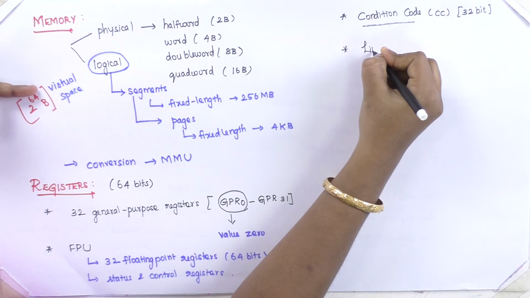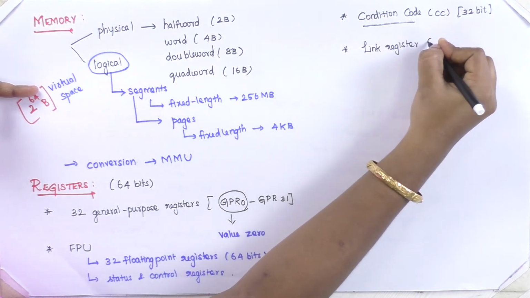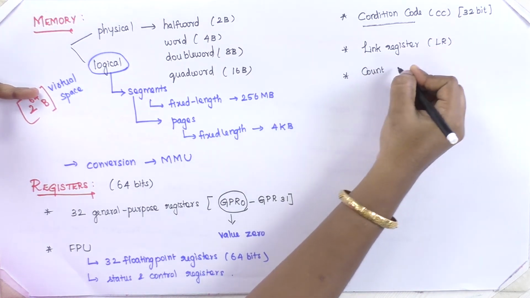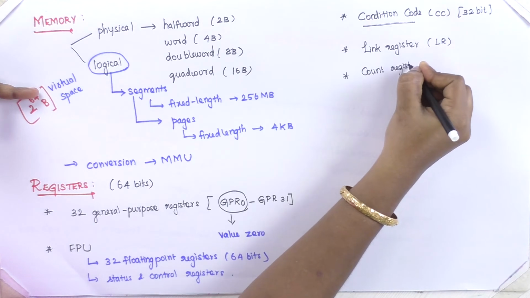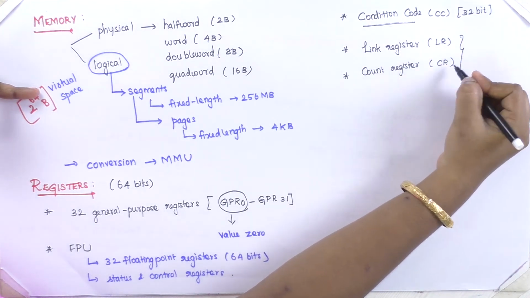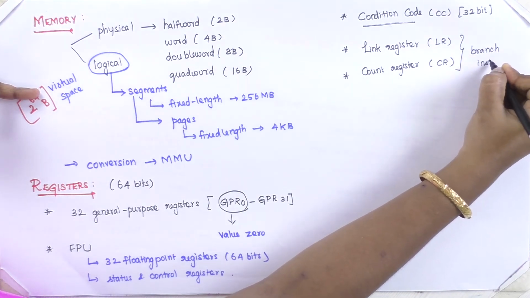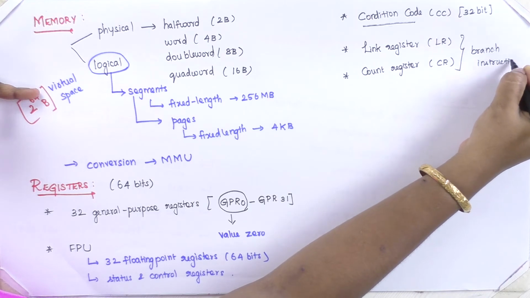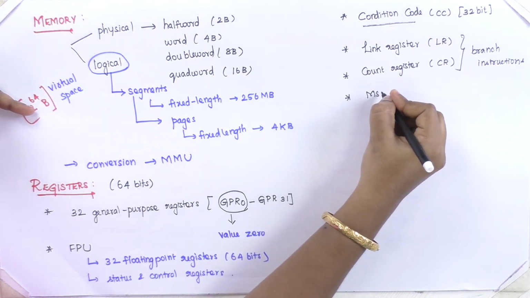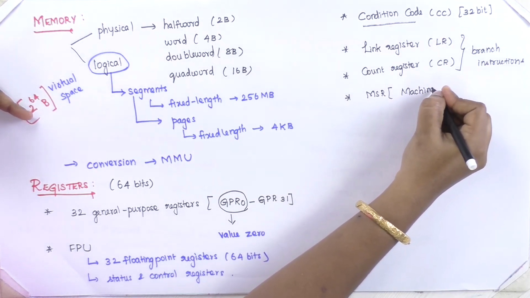Then link register, LR register, and count register, CR register. Both of these are used for branch instructions. Then we have the MSR register, that is the machine status register.